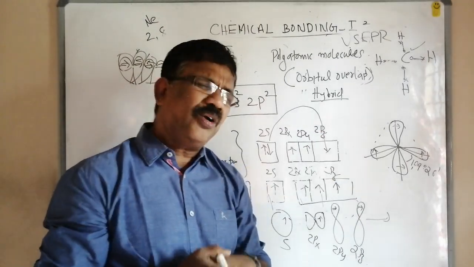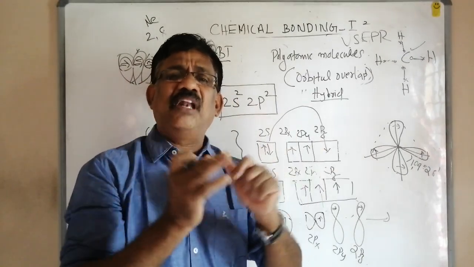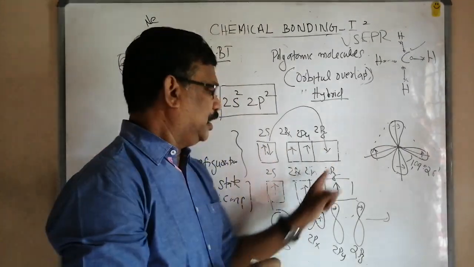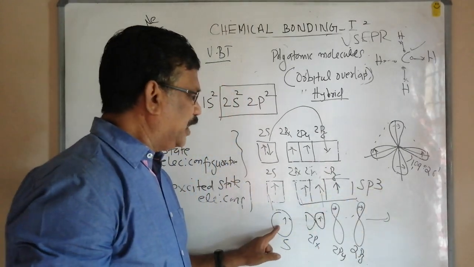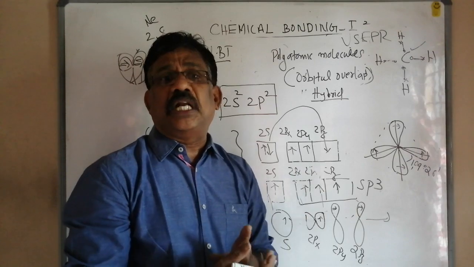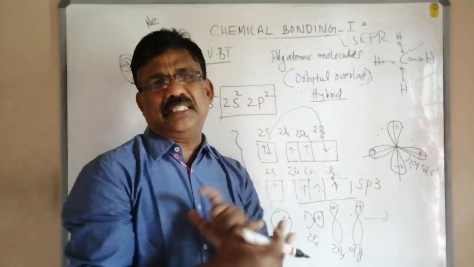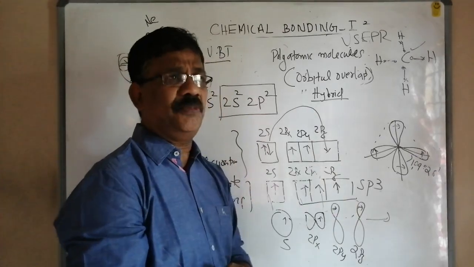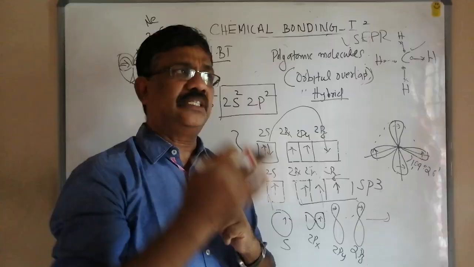So in all covalent molecules, during their formation, the central atom undergoes hybridization. Here the hybridization is sp3 because 1 s orbital and 3 p orbitals are involved. If the hybridization is sp3 and the lone pair of electrons are not involved, we will discuss it later.